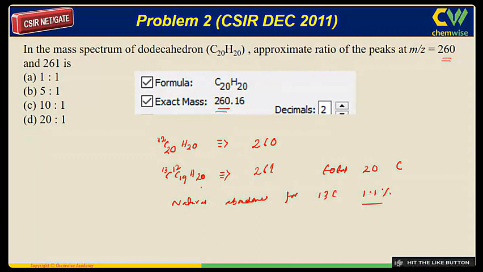So we have just marked 1 carbon as 13C, but we have another 19 carbon left. So basically try to understand the things. Let's say this is the scenario. This is not 20, but 1, 2, 3, 4, 5, 6, 7, 8, 9, 10. Let's say we have that system of 10.